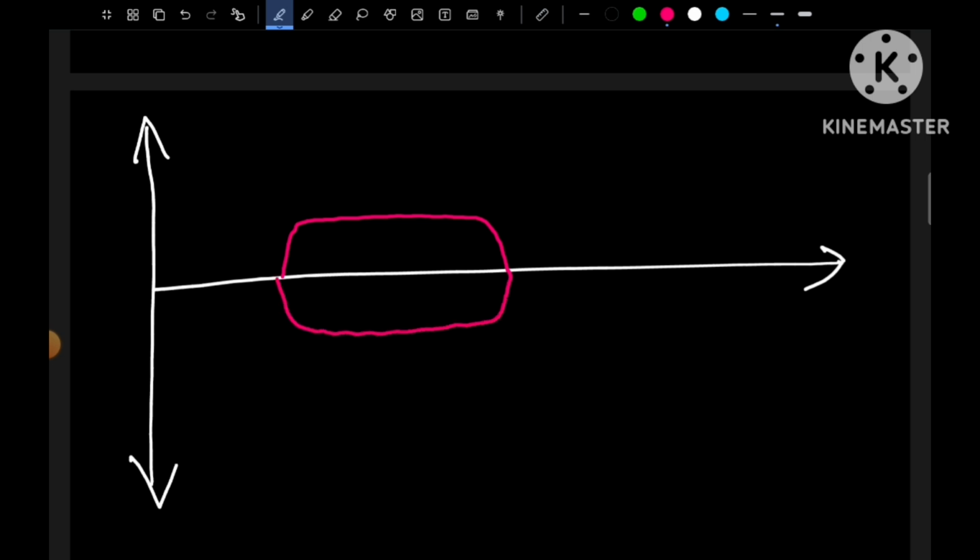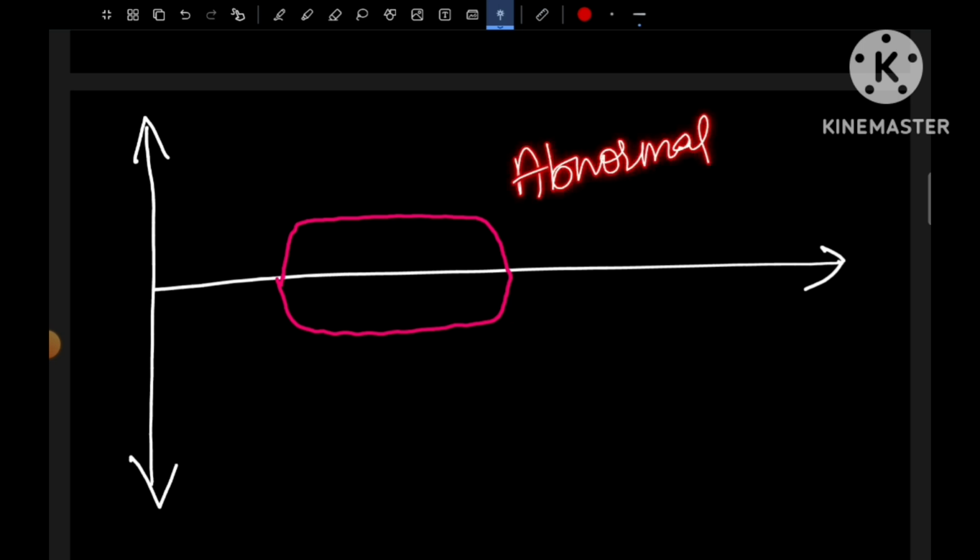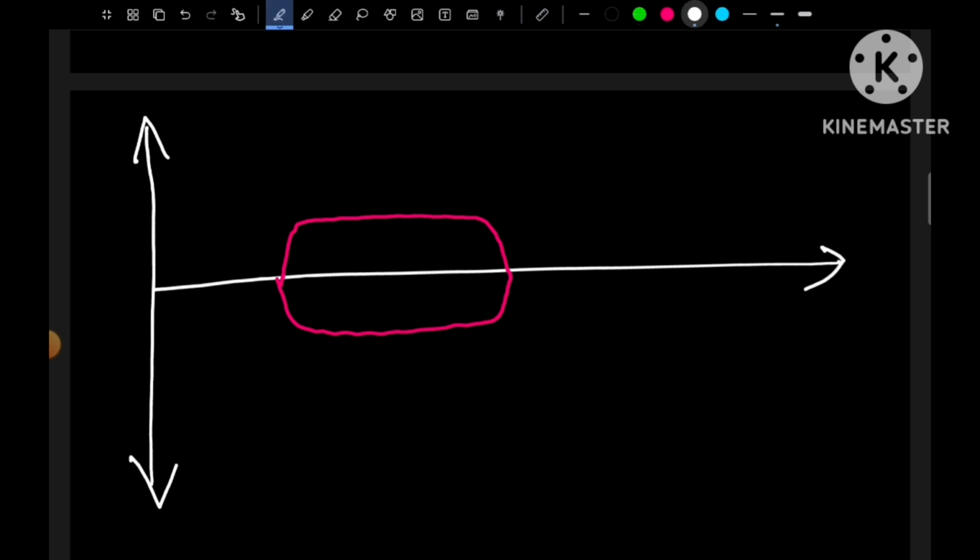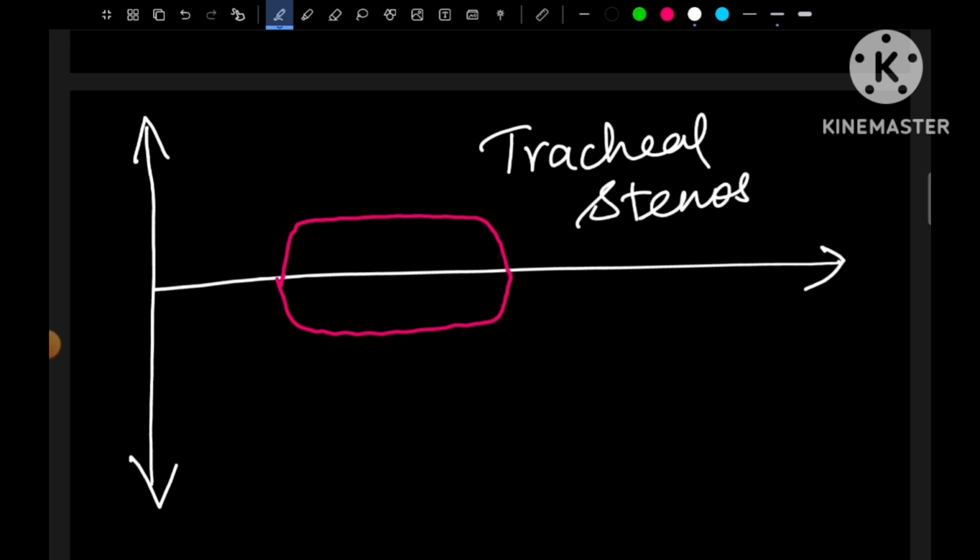There is an abnormal inspiration and abnormal expiration. So what can this be? This is nothing but the flow volume loop of tracheal stenosis. Okay, guys, this is the flow volume loop of tracheal stenosis.